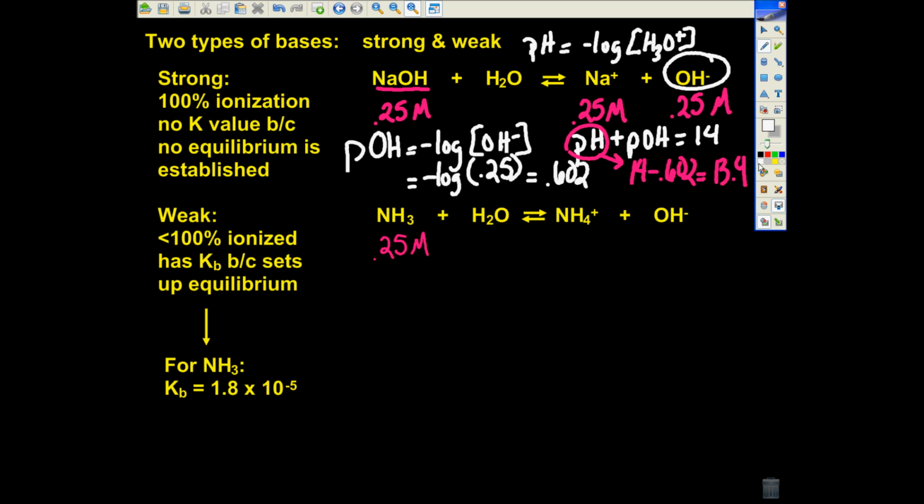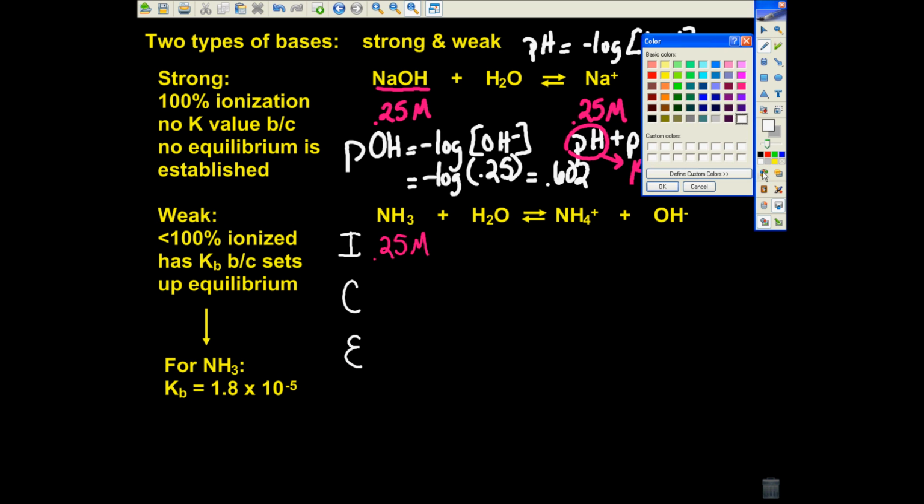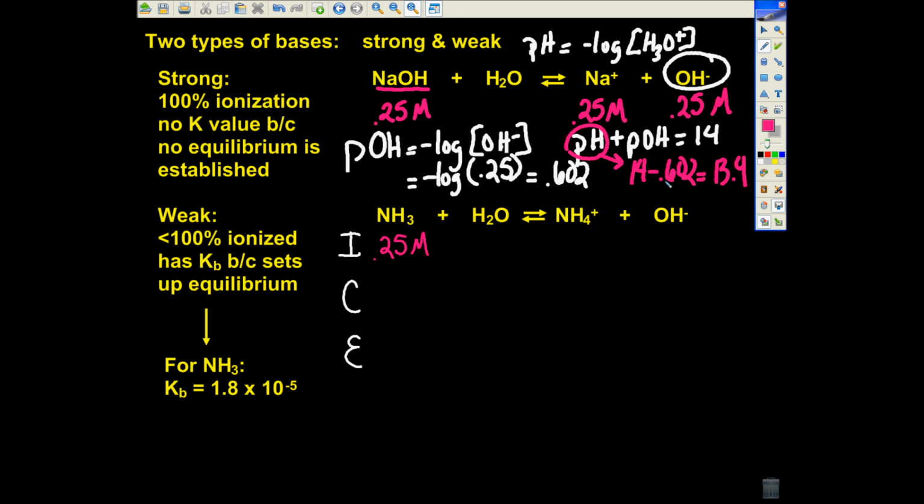The ICE chart is going to stand for initial, the amount it changes, and then the concentration at equilibrium. So I start out with 0.25. And some of this is going to steal one of those hydrogen ions from the water and become NH4.